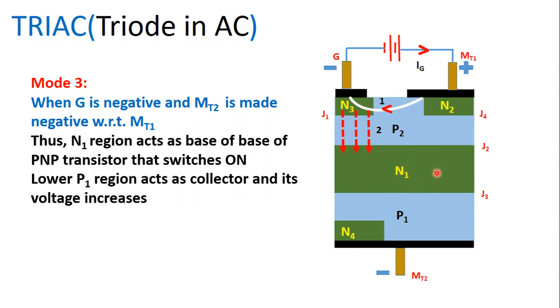So this transistor will turn on as soon as these electrons enter into the N1 layer, and again they are collected by this P1 layer, and this is the collector for the P2 N1 P1 transistor structure. So the potential or the voltage of this layer will increase and one more transistor structure will turn on, because this is the base of the N4 P1 N1 transistor structure.